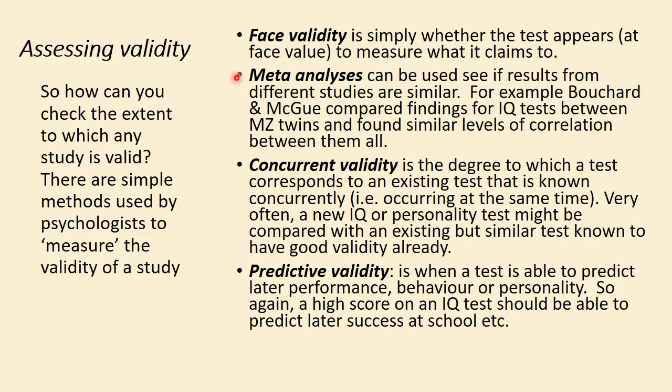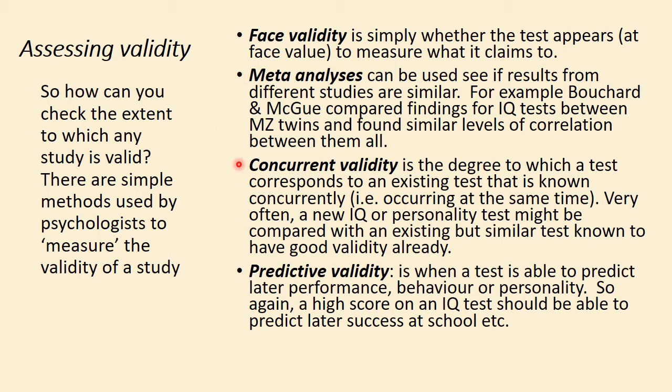So if meta-analyses, which almost certainly are using different studies that might be used in different parts of the world and with different groups of people, are throwing out different results, then that asks questions about culture, about population validity, and we can start to question the validity. However, if a meta-analysis is showing massive similarities in the results, we can sort of say or praise the validity of a study.